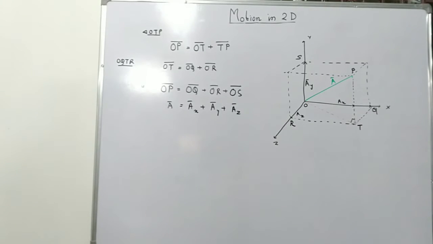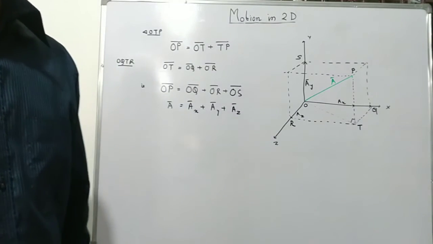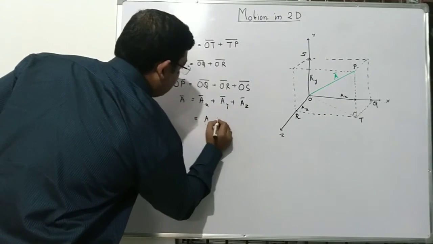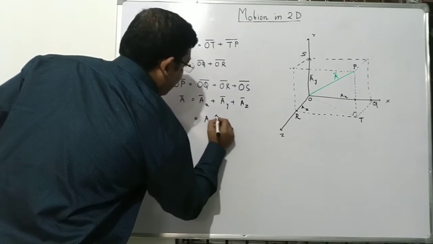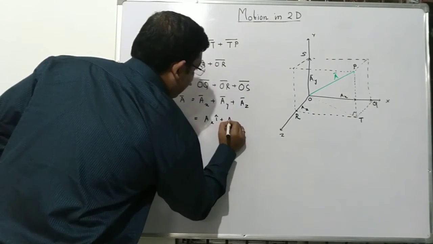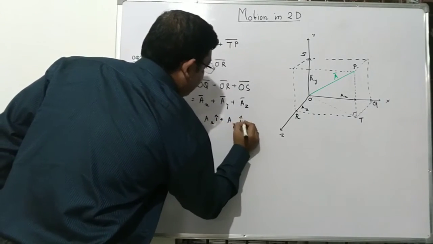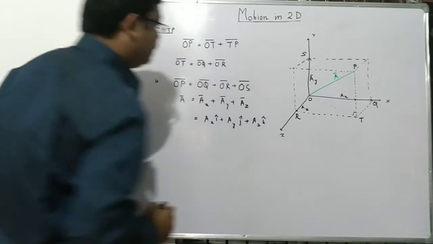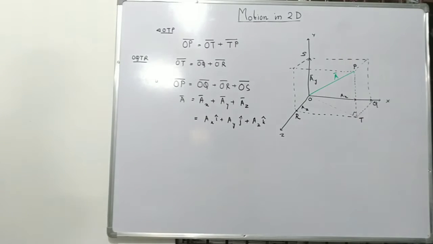Okay. Now this is equal to Ax times the unit vector along the x-axis, plus Ay j cap, plus Az k cap. Fine.